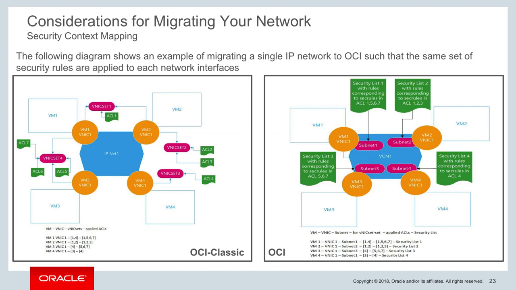Now, if the same topology needs to be created in OCI, how we would go about doing this is you will create a VCN with four subnets, and you will create security lists for each subnet so that the security list corresponds to the security rules in those ACLs that are present in the source OCI Classic environment.